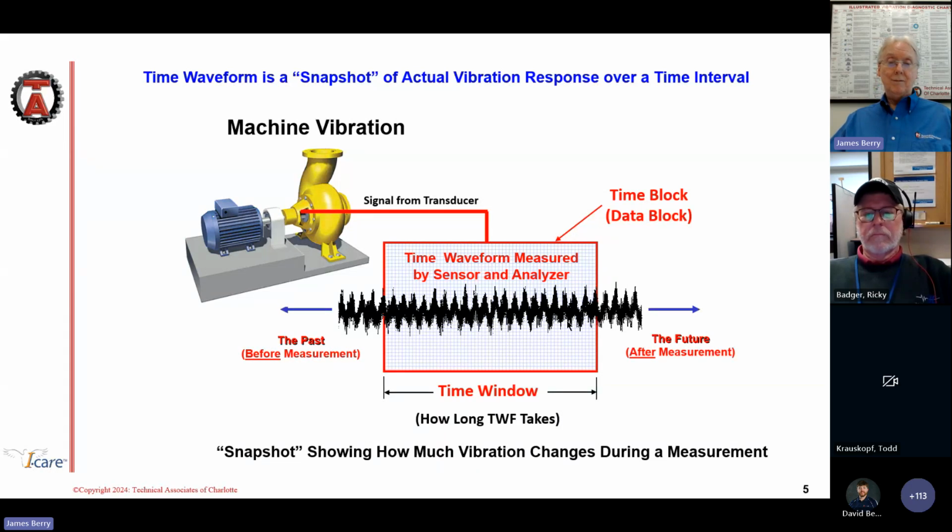Is it remaining the same? Or is it in fact going crazy in a few seconds and then it passes? And then crazy over here and it passes? Well, in that case, it's going to take a special diagnostic. But most all the time, we're going to see things that are remaining what we call steady state. Okay, so it's remaining essentially the same. Hit the store button and move on.